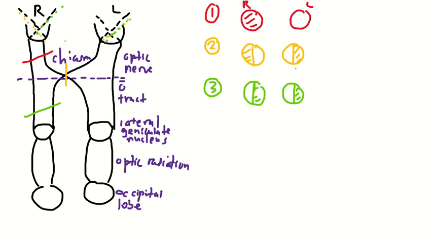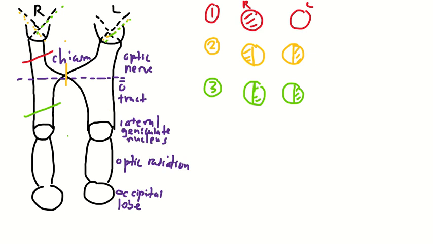So anything that comes below this imaginary line on the optic chiasm will be contralateral. So when the right side is affected, the left vision will be affected. This is what we call contralateral homonymous hemianopia.